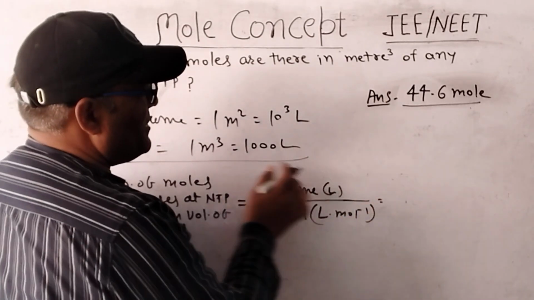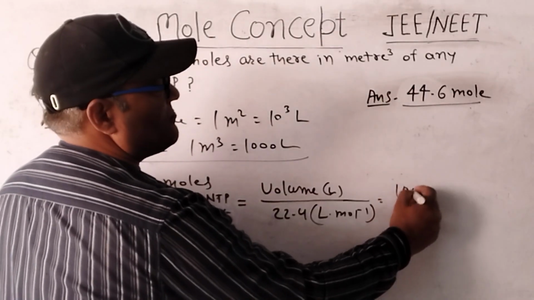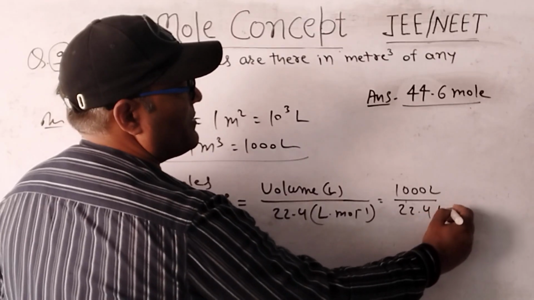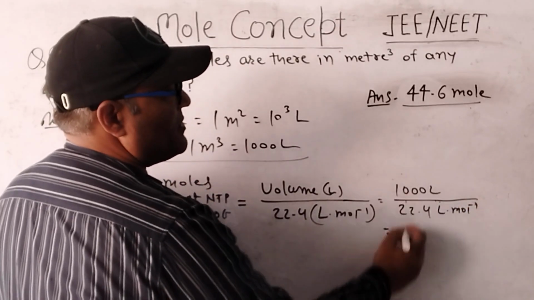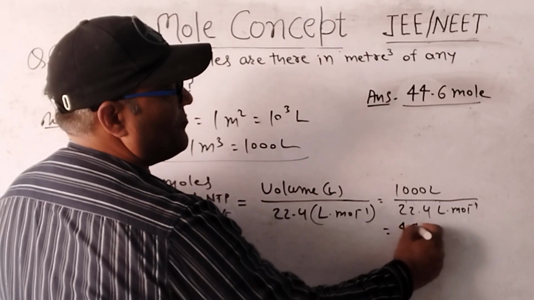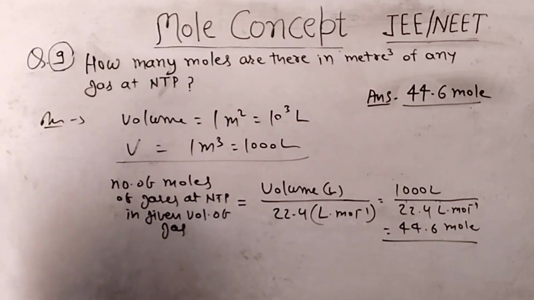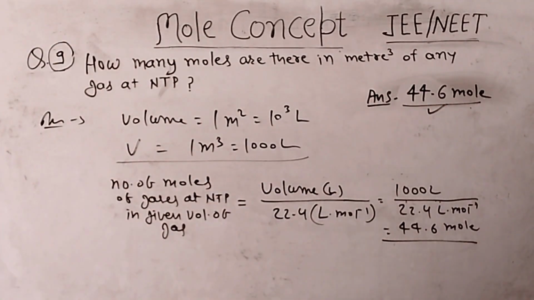After putting in the data, the given volume is 1000, so 1000 liter divided by 22.4 liter per mole. Now after division, 44.6 mole. This is the answer. You can take a screenshot.